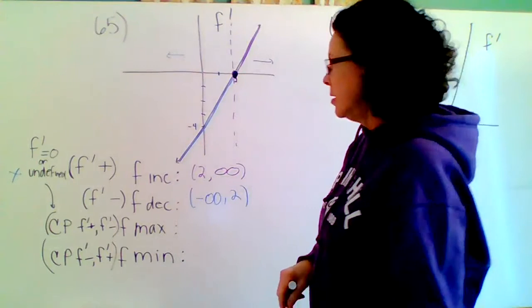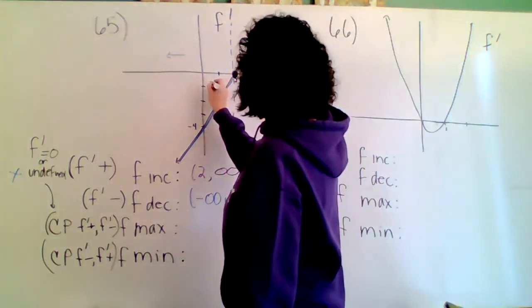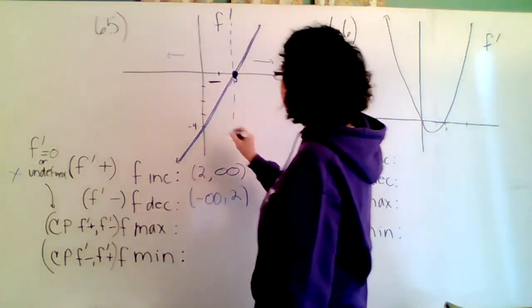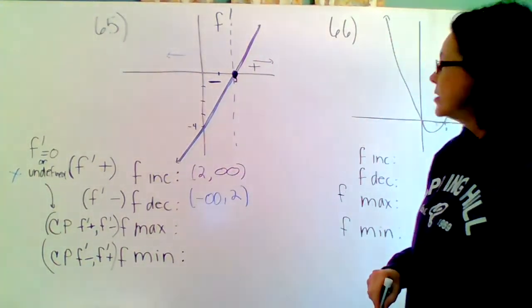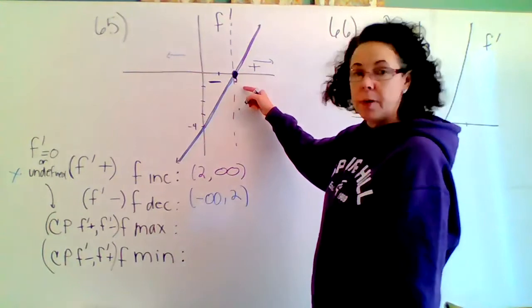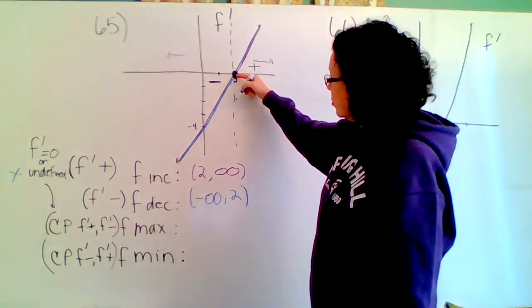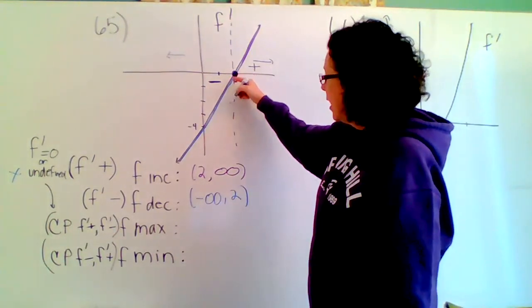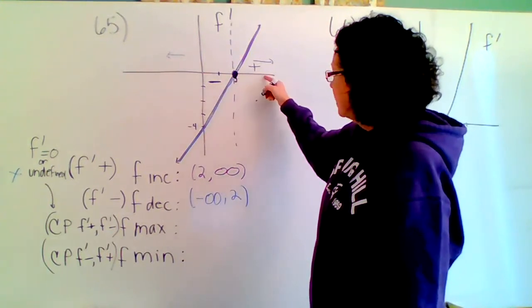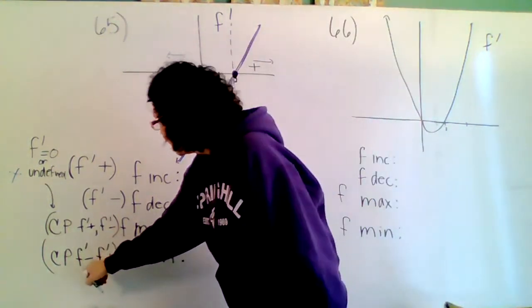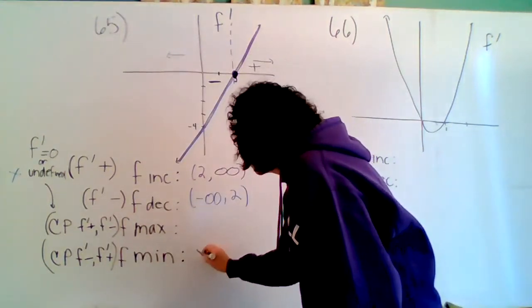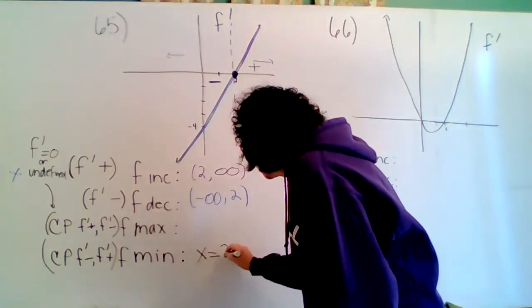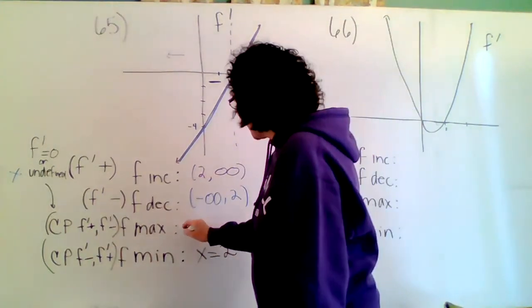And we said that the derivative was negative on the left and positive after, so this makes a minimum. There's a critical point where the derivative is 0, and the derivative is negative on the left and positive on the right. This happens at x equals 2. There is no maximum.